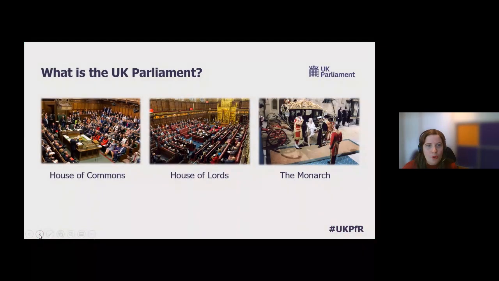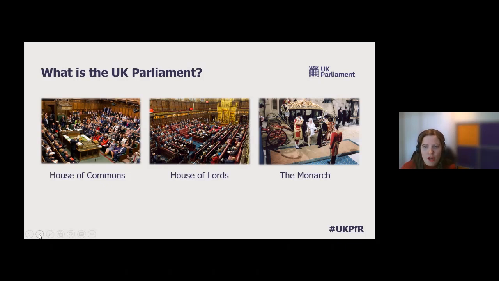So what is Parliament? You have three pictures on your screens now showing the three different parts of Parliament: MPs sitting in the House of Commons, peers sitting in the House of Lords, and a picture of the monarch, the Queen. The House of Commons is where our elected MPs sit. The House of Lords is mainly appointed. It's made up of peers, or members of the House of Lords, who have expertise in lots of different areas, including law, medicine, politics, charity sector work, business, and many others.